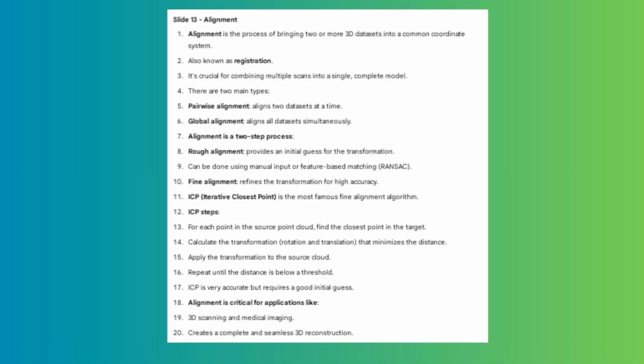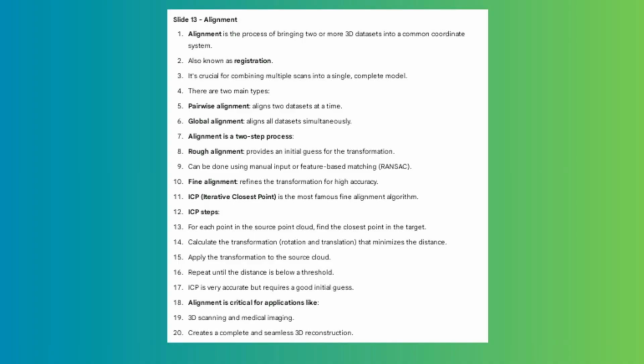Next, we are going to see about the alignment. When we scan a large object or an entire room, we cannot do it all in one shot. We have to take multiple scans from different angles.